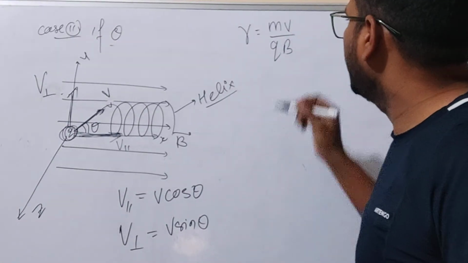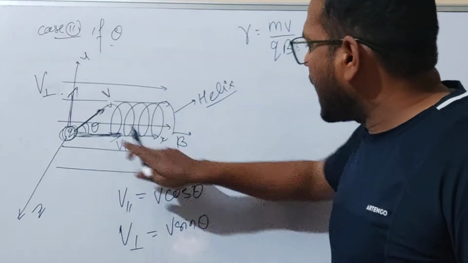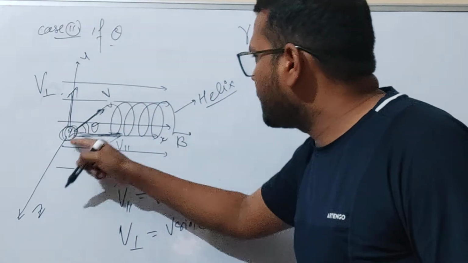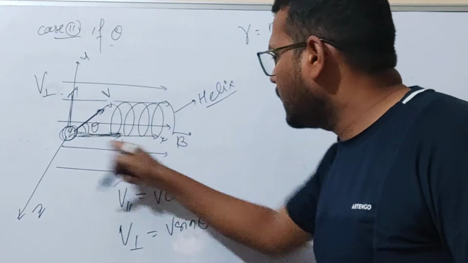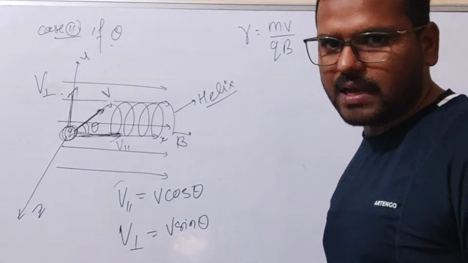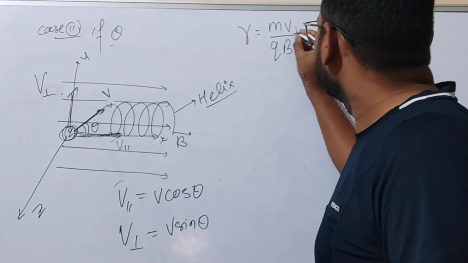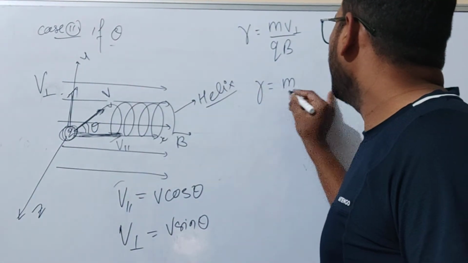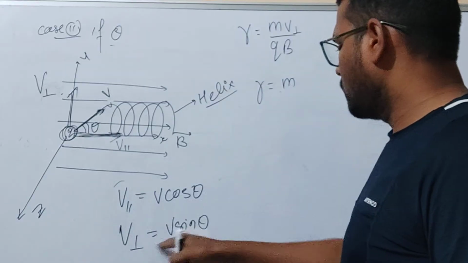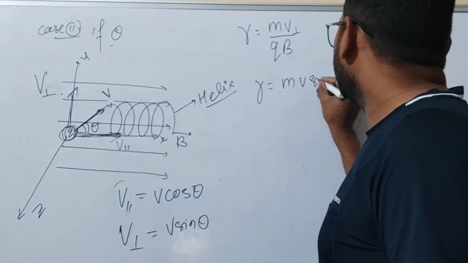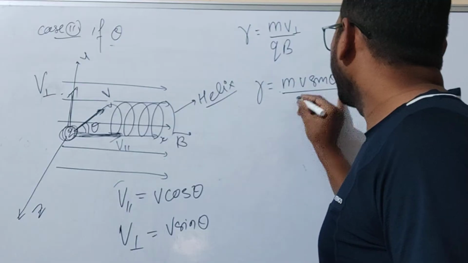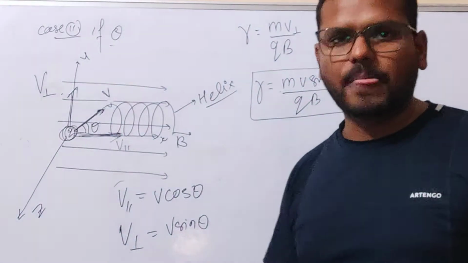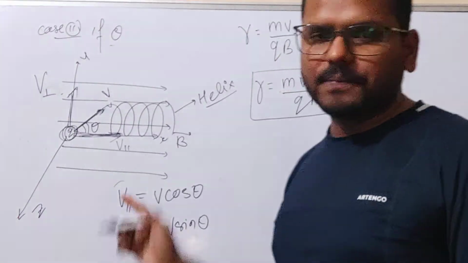This path is acquired by the perpendicular component, not the parallel component, so we replace v with the perpendicular component. So r is equal to m v sin theta divided by qB.